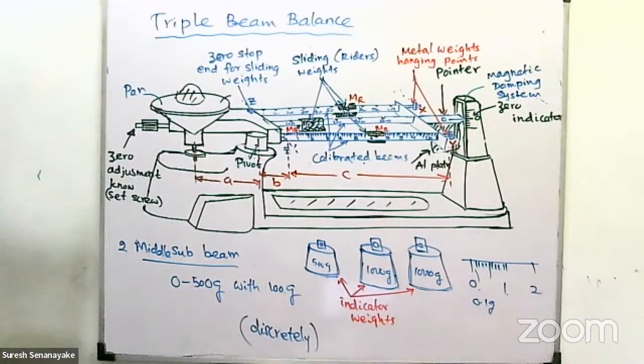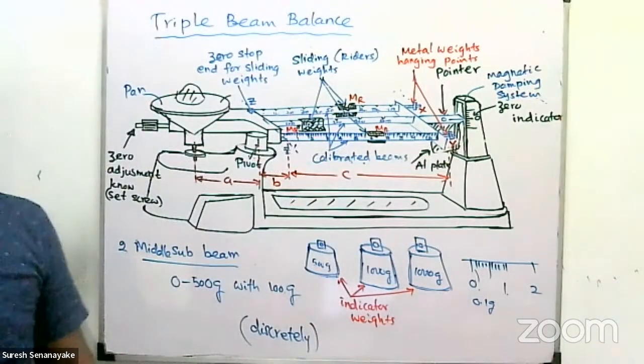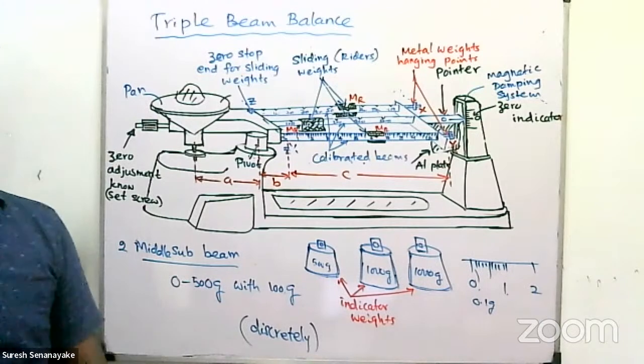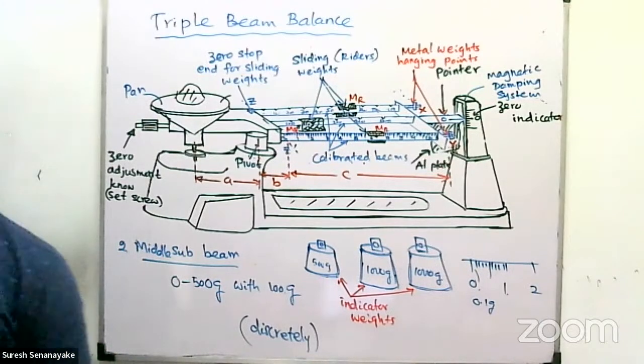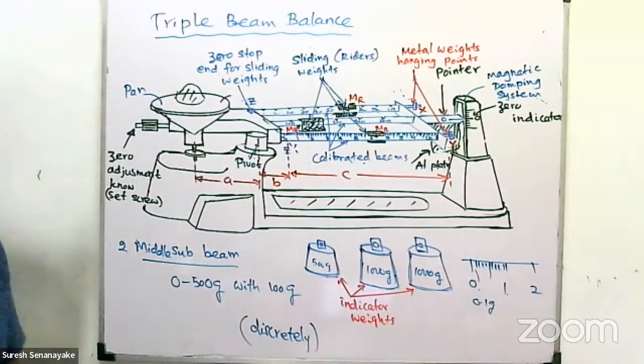So the maximum mass you can obtain using this beam is 500 grams, right? The maximum mass that can be measured using this beam is 500 grams.